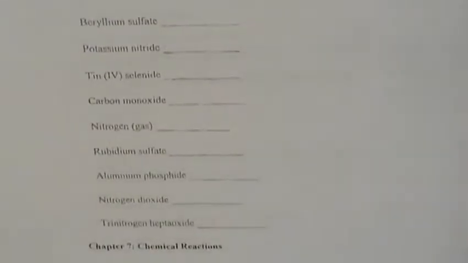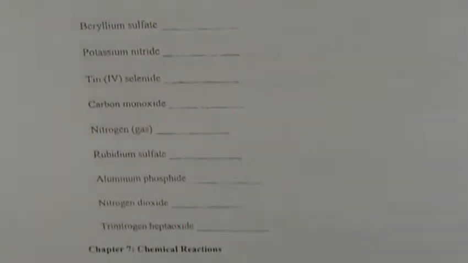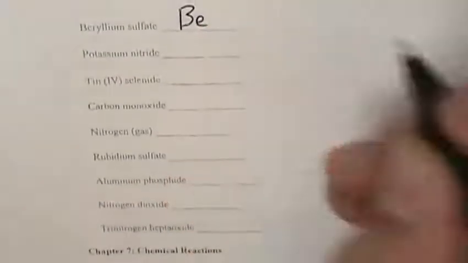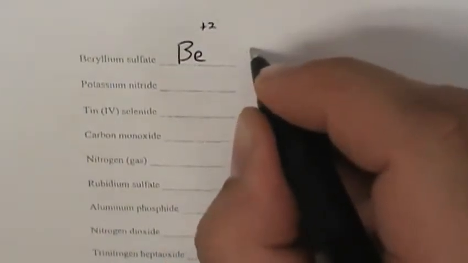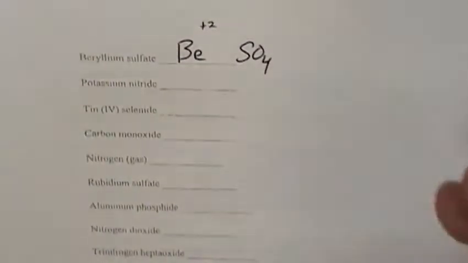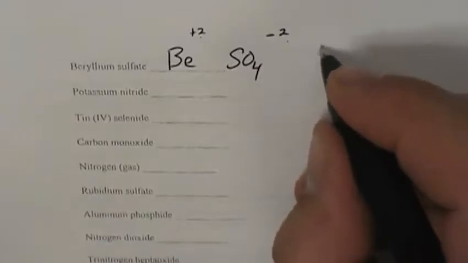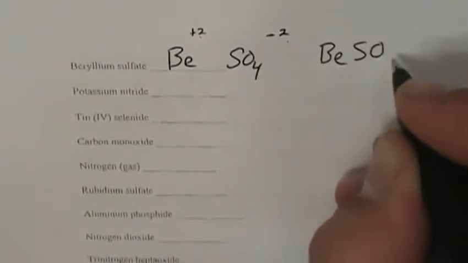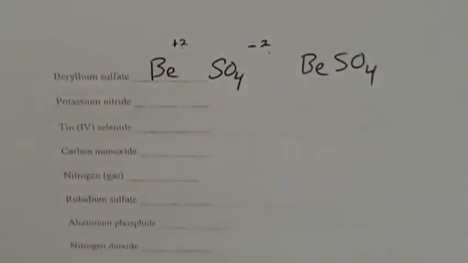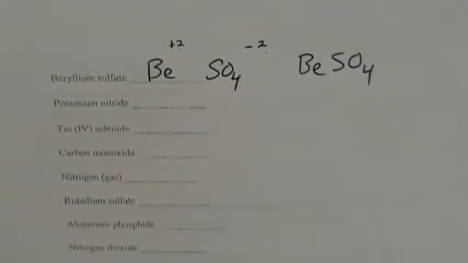Sliding over till we go to the next page and finish this, we have beryllium sulfate. We look up beryllium. Symbol Be, oxidation +2. Sulfate, in our table of ions, symbol SO4, oxidation -2. +2, -2, you can just recognize that these are going to cancel out without any subscripts and write BeSO4.